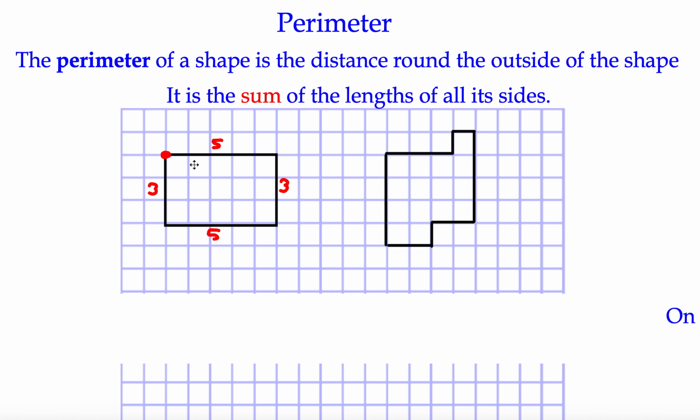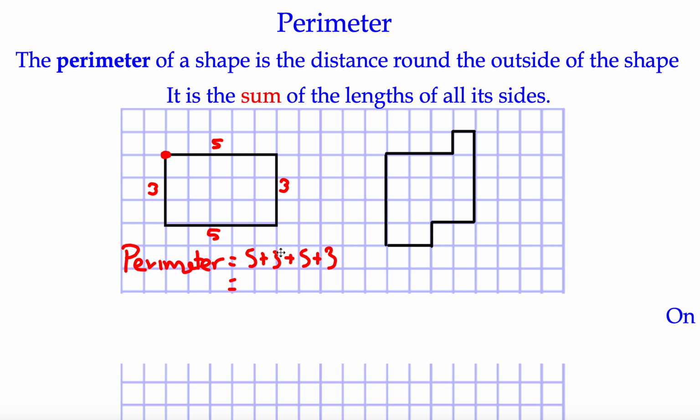So in this case, if we add all the lengths of the sides, sum all these numbers together, 5 and 3 and 5 and 3, we can say here that the perimeter is equal to 5 plus 3 plus 5 plus 3. It doesn't matter what order you put these in, of course.